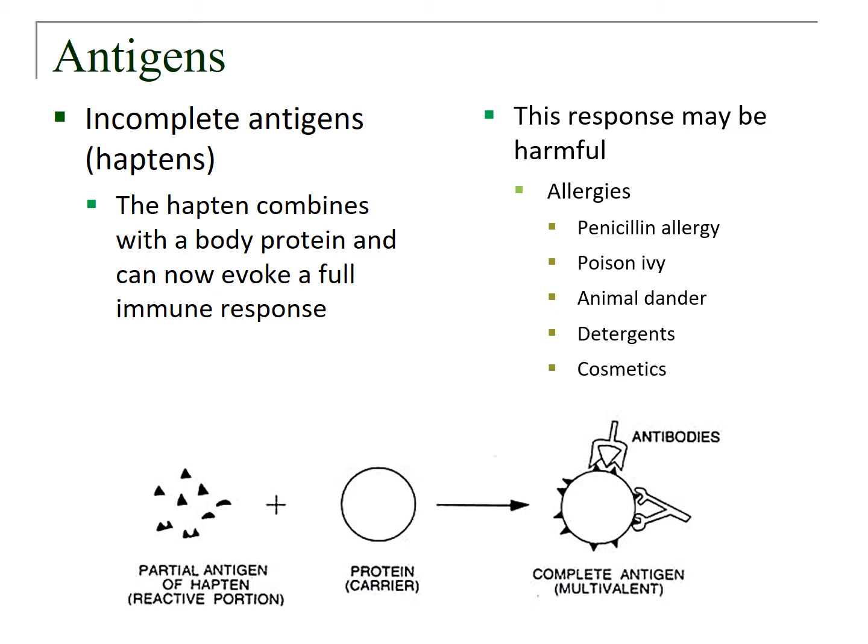And so it's not so much the skin of the cat as it is the remnants of the saliva that the cat has licked itself with. And so these haptens that are in the saliva are actually derived from blood plasma. So it's actually a part of the animal's blood that you're allergic to in many cases with animal dander.